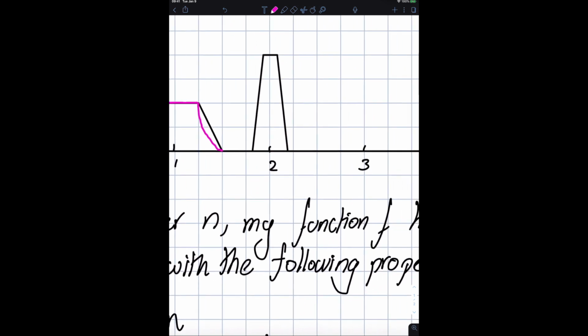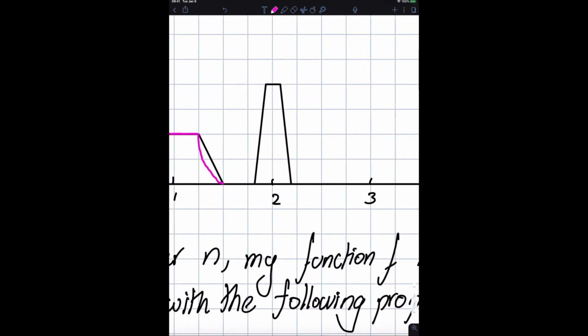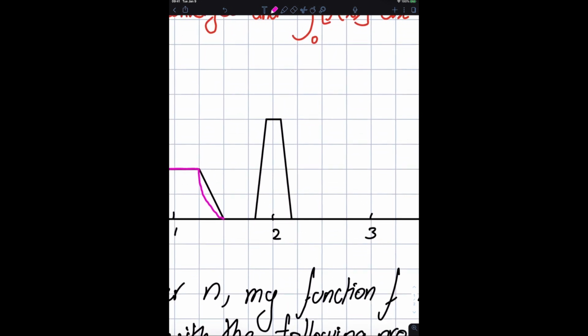If you look at this trapezoid, it's a little bit hard to draw. But what's going to happen is, let's say that this is 4. It's going to become a curved line that's going to look something like this. And then it's just going to be a straight line over here.